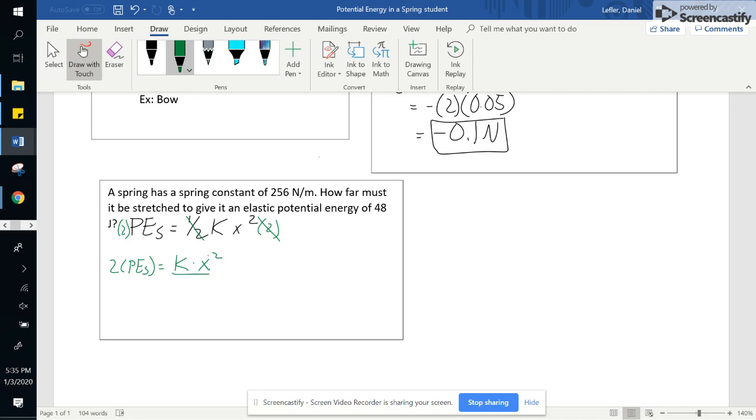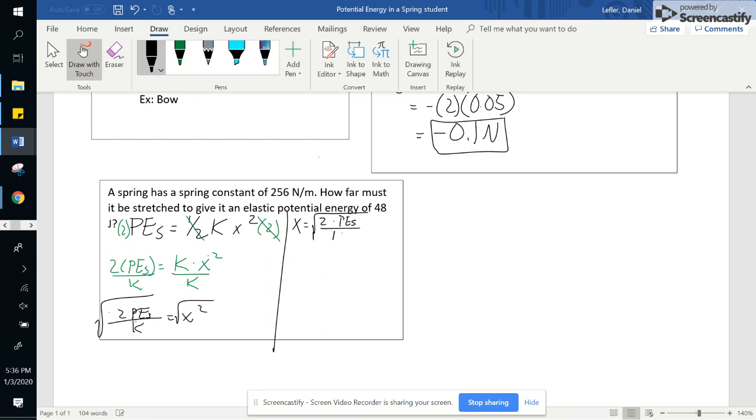I'm going to divide both sides by K. So then I'm left with 2 PES over K equals x squared. So I'm going to take the square root of both sides to give us our formula. So displacement equals the square root of 2 times our potential energy of our spring all over K.